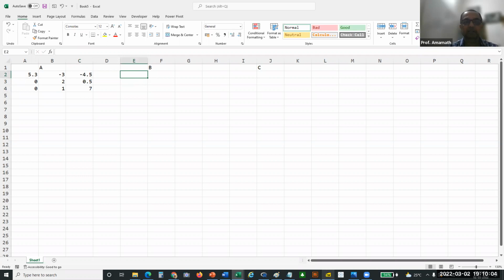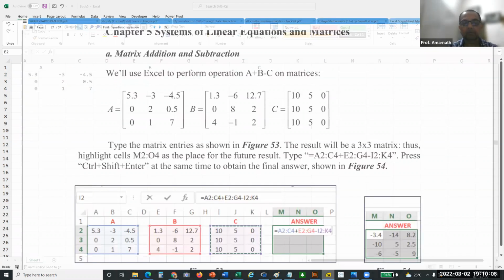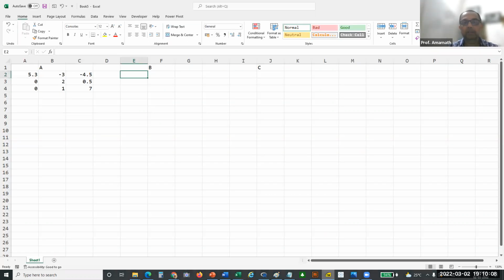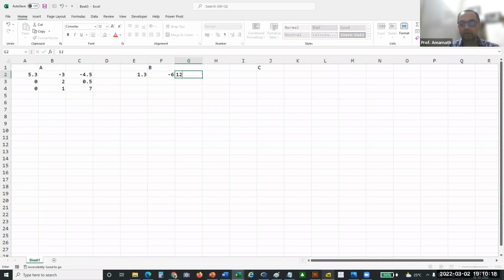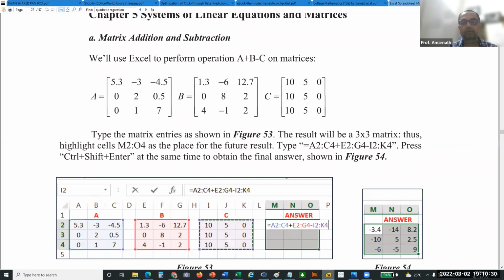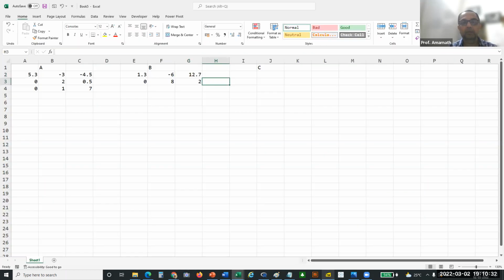I leave a space in between and put the other one. 1.3, minus 12.7, 0.82, 4, minus 1.